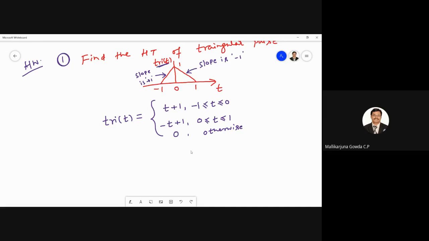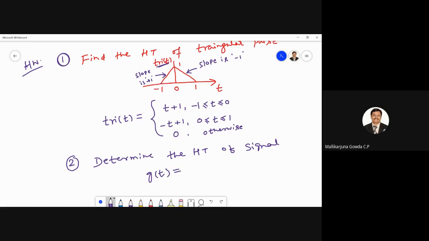Determine the Hilbert transform of the signal g of t equal to 2 into sinc of 2t.